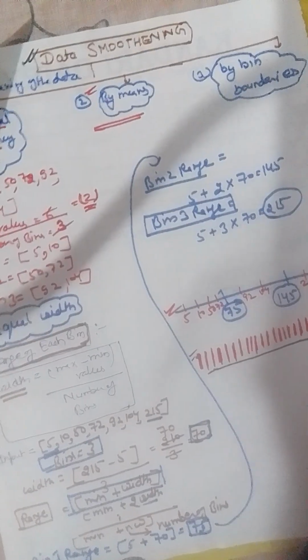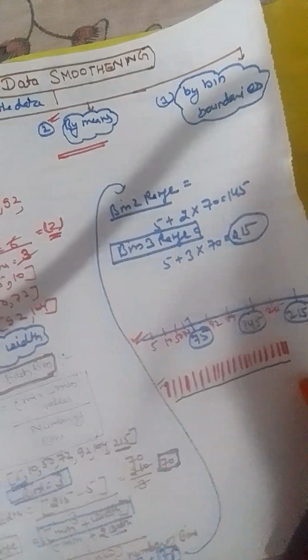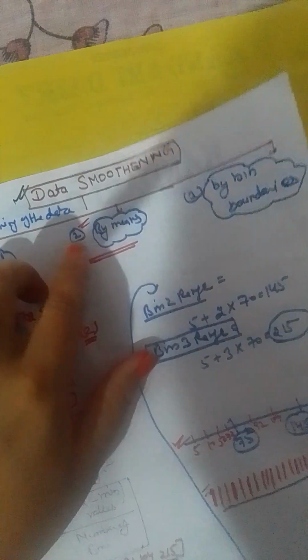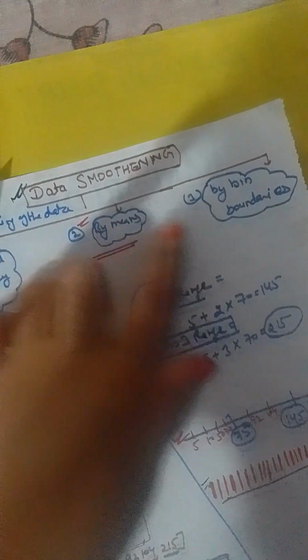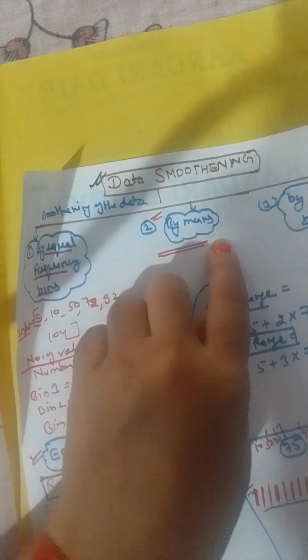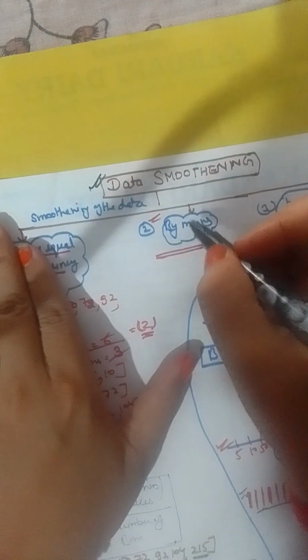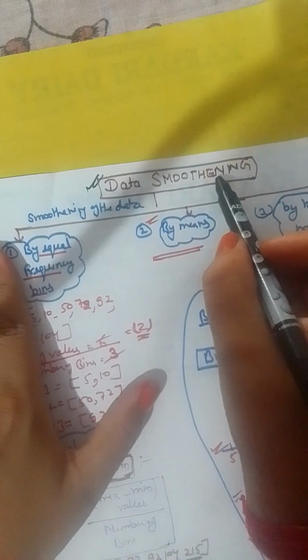Fine. So now we'll come to the next part, smoothing by means and by bin boundaries. I have to teach you this now in this video: smoothing of the data by means. By means means smoothing of the data by means under data smoothing.